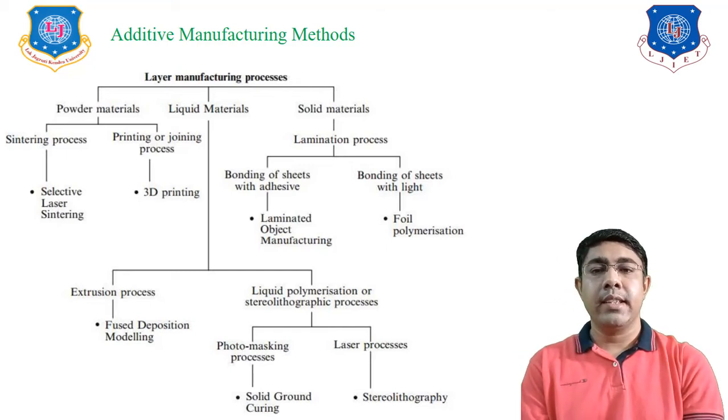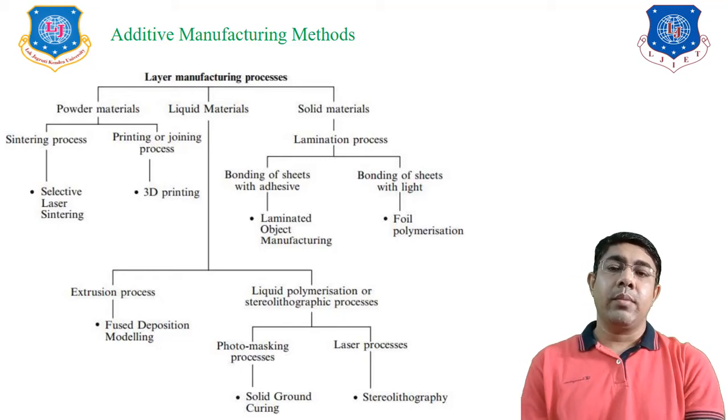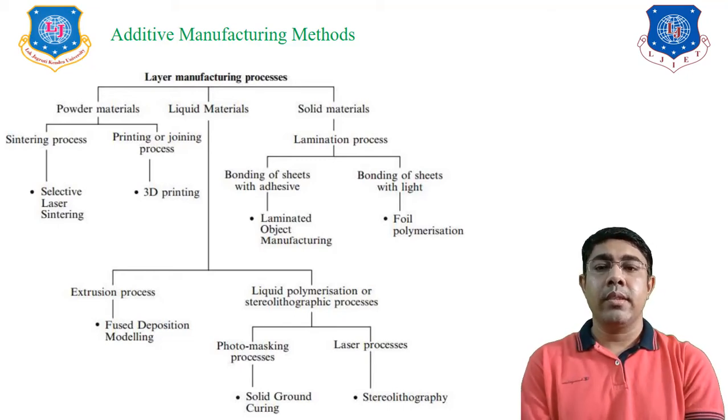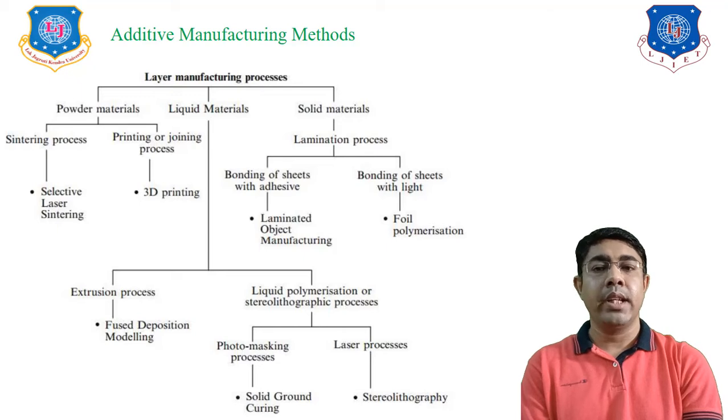For solid materials, there are laminated processes, of two types: bonding of sheets with adhesive and bonding of sheets with light.